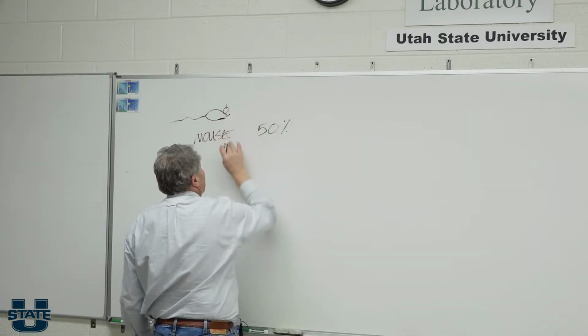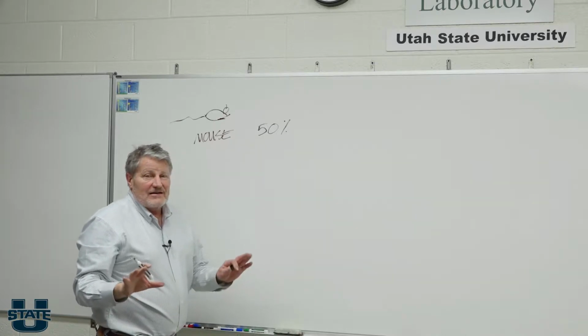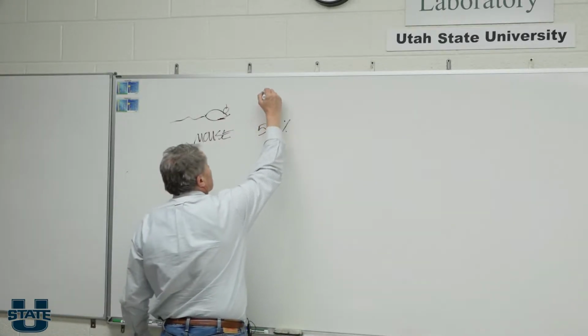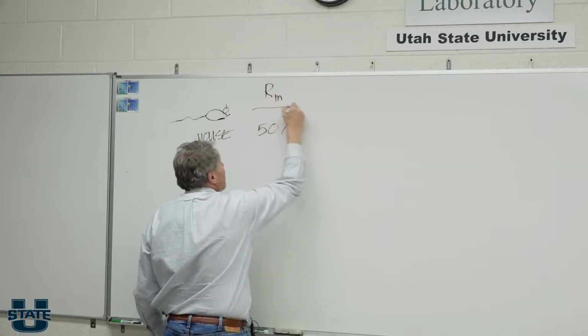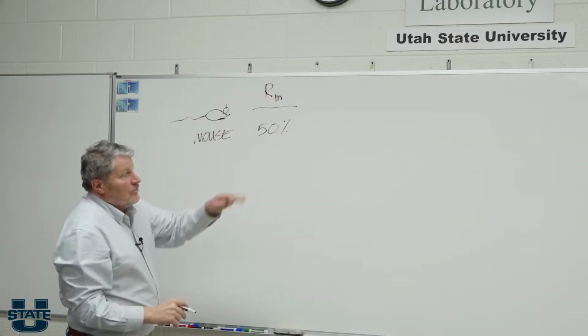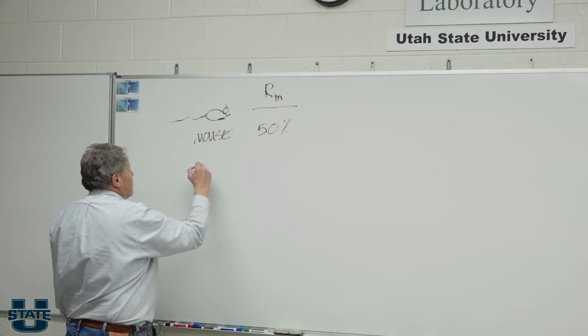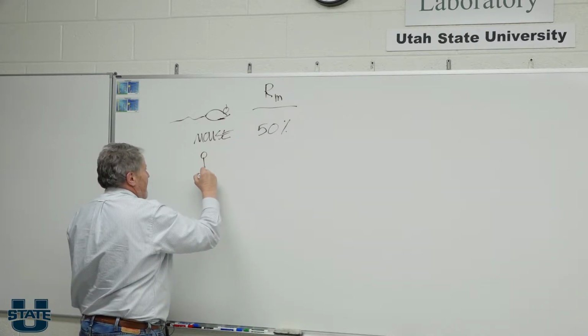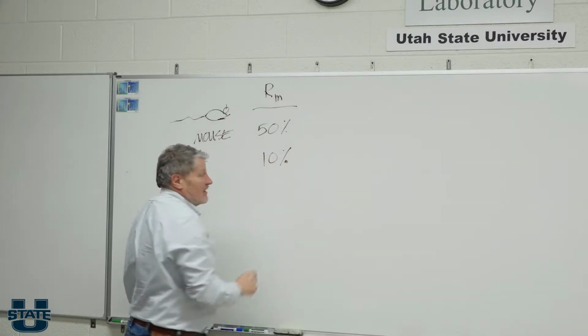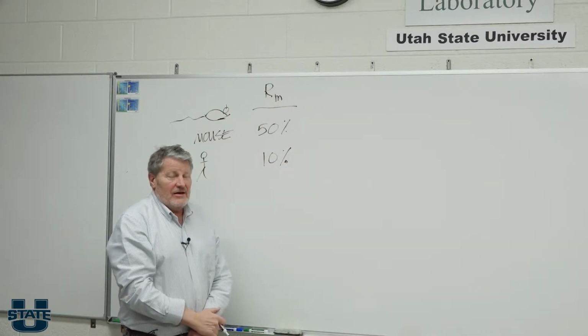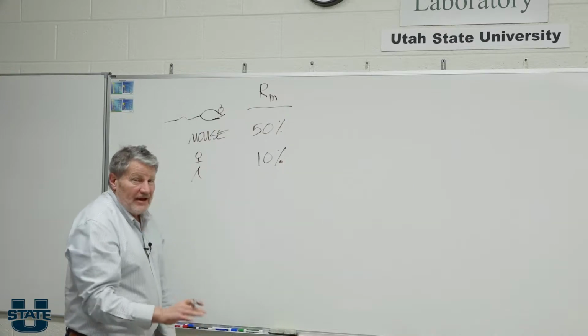This is a mouse that's not gaining any weight, so this is the component of maintenance respiration. Then a person was about 10% of our weight a day, and we didn't do plants.